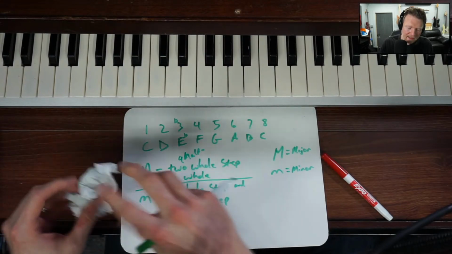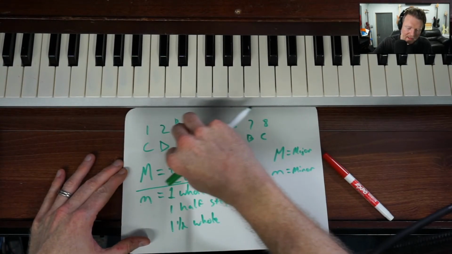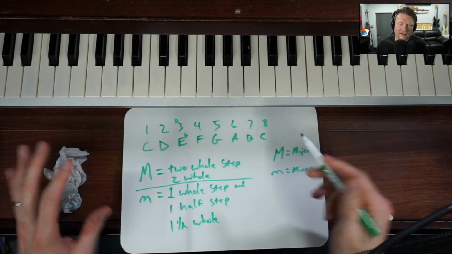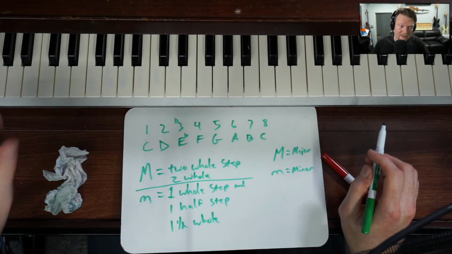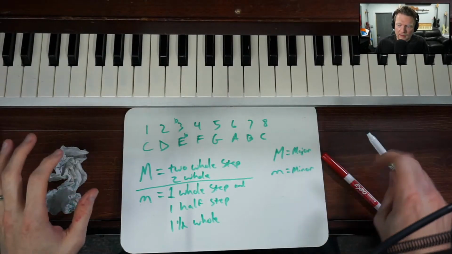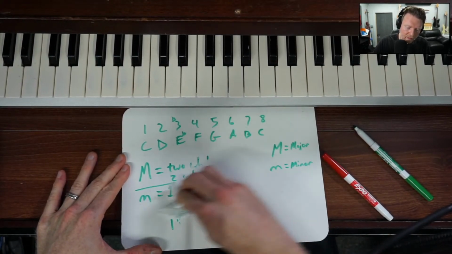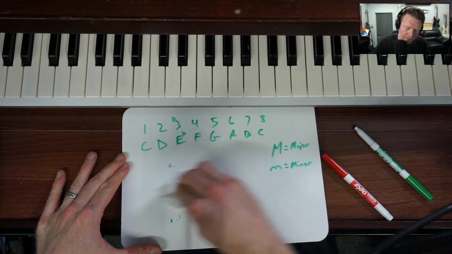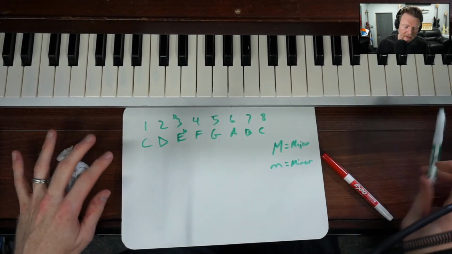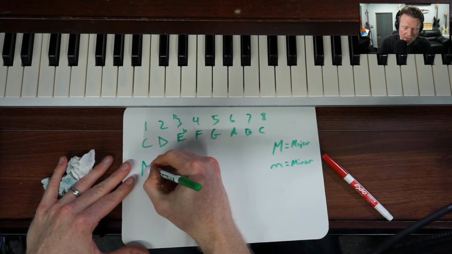But it's a lot harder to think in half steps. That's why scales make a lot of sense, because you're not having to deal with 12 tones and you can narrow it down to 7 pretty quickly. So again, I'm going to rewrite this a little bit better so it's a little easier.